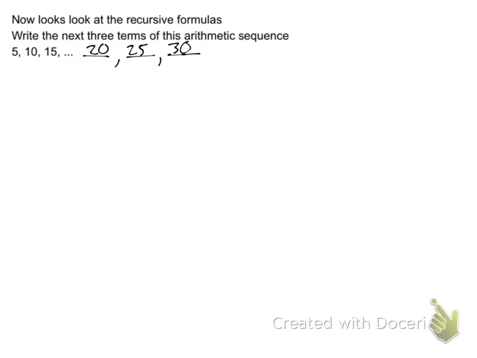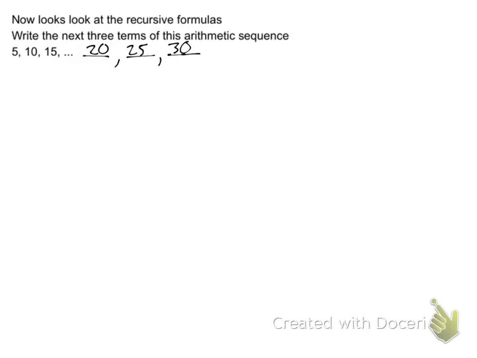So when you want to get the fourth term, you took the third term and added 5. And then to get to the 5th term, you took the 4th term and added 5. I'm continuously taking the term before it and doing something to it. That's recursive. You guys were doing recursive yesterday, back in 3.5, when I just said find the next 3 terms.